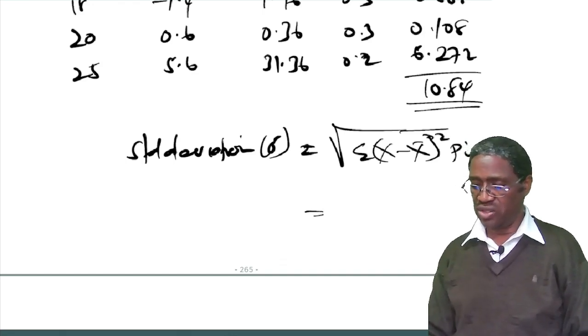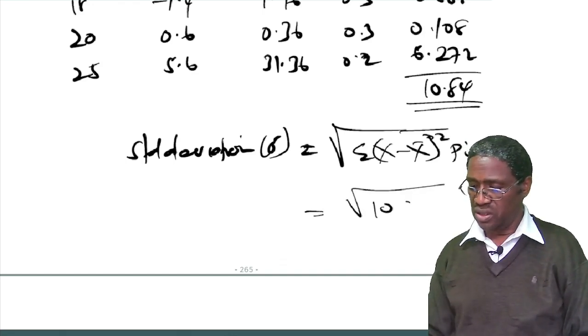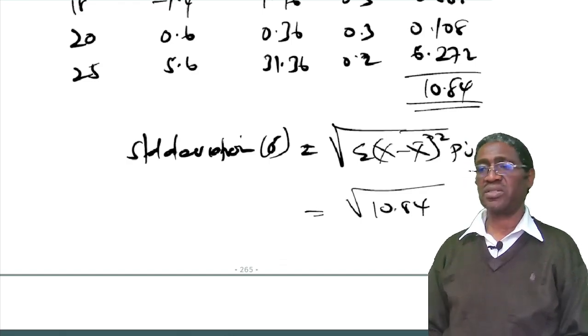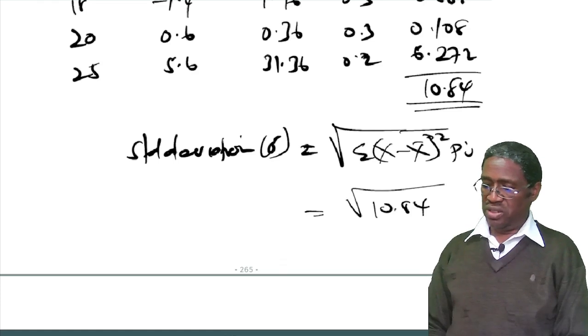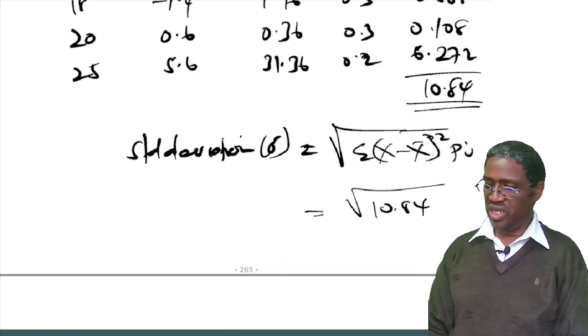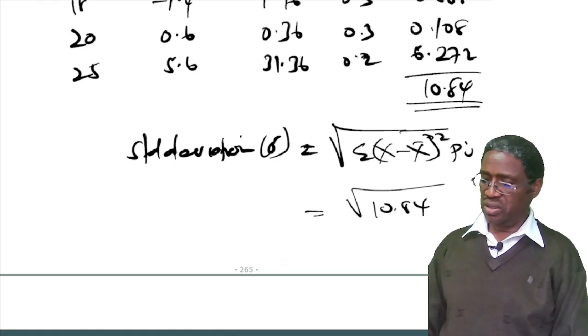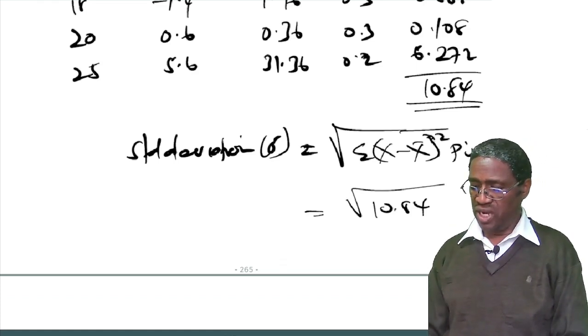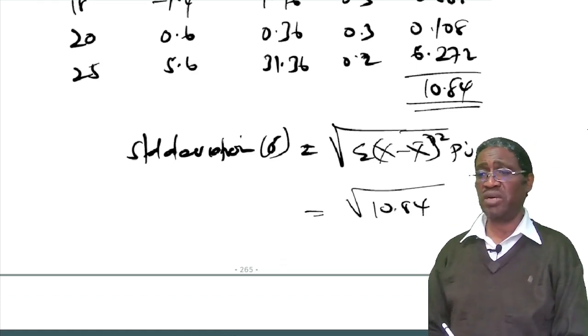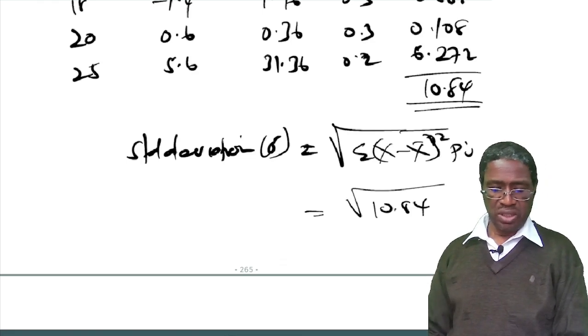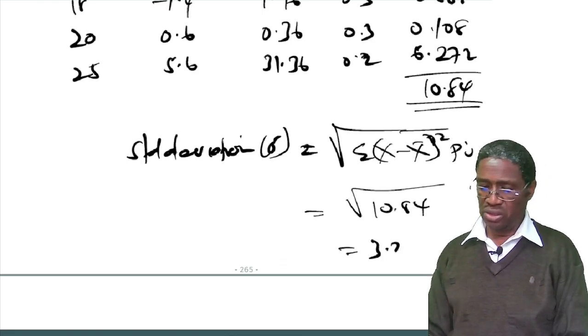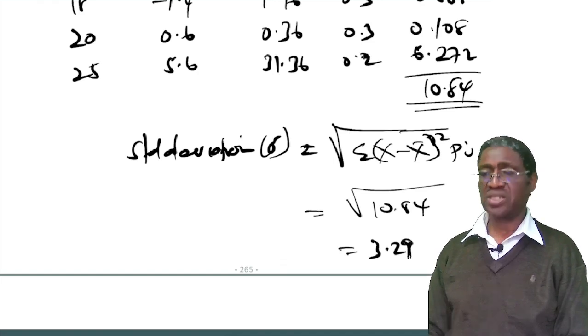So I just get the square root of it, because I've already done the calculation in the table. The square root of 10.84 gives me 3.29. That's our standard deviation.